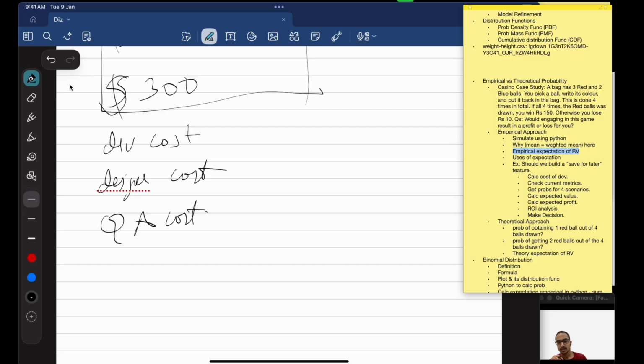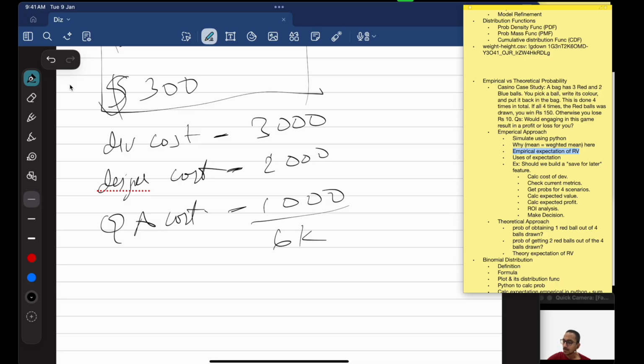So let's say the dev cost for this save for later is, I'm just taking random numbers, around 3,000. The designers cost around maybe 2,000, and the QA costs around 1,000. Just some random numbers. So around 6K, right? So this feature costs around 6K.